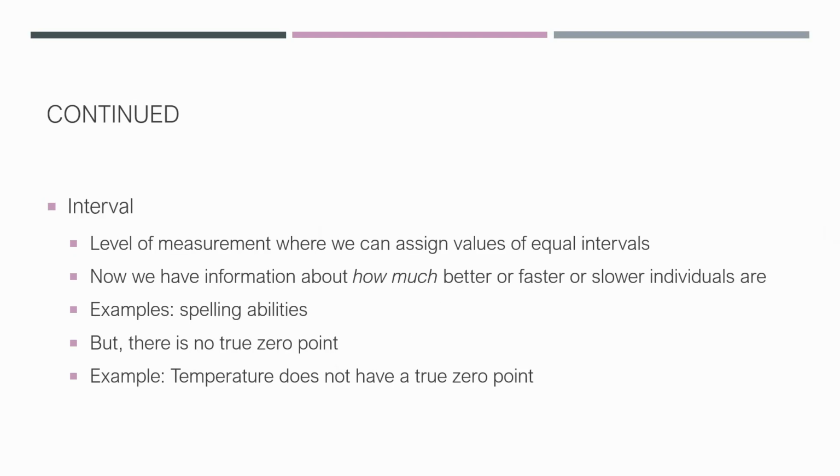Now, with this level of measurement, we gain a huge amount of information, far superior to its predecessors, the nominal and ordinal variables. With the interval level of measurement, now we can assign values of equal intervals between the different categories. So the interval level of measurement possesses all of the features of the ordinal variable and all of the features of the nominal variable.